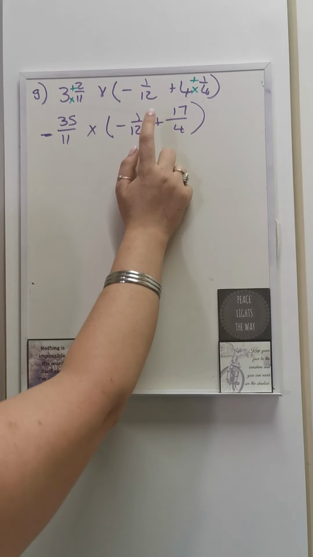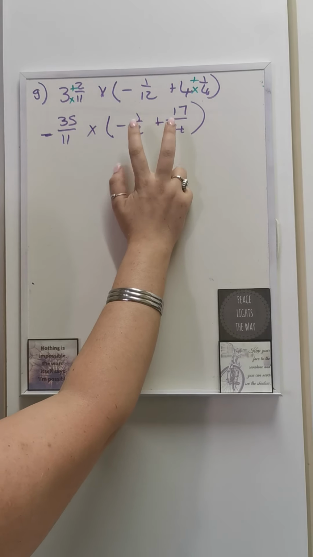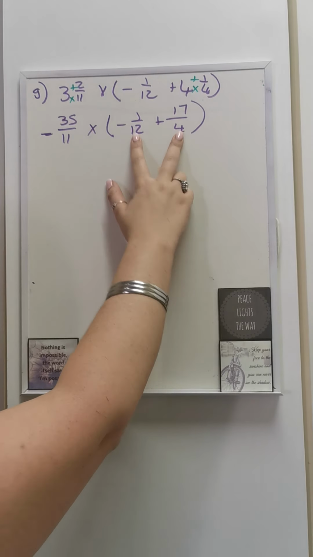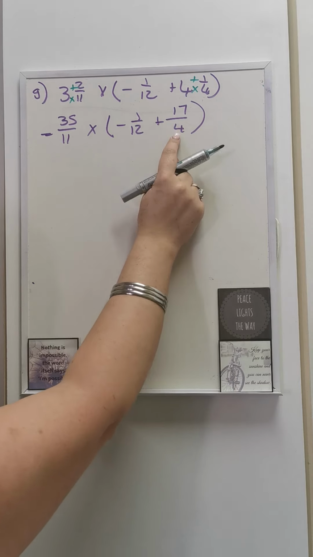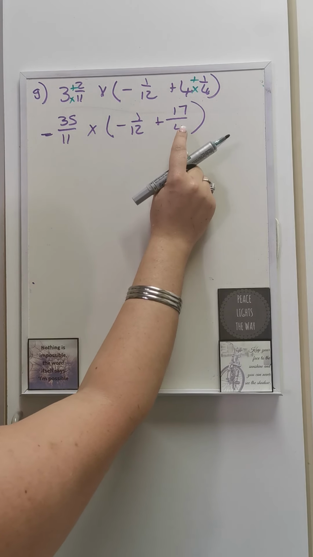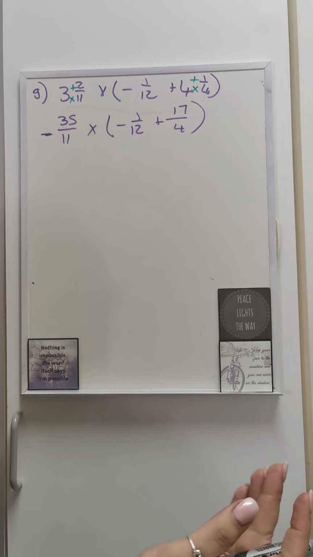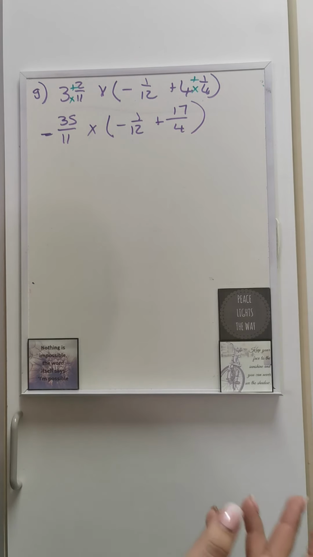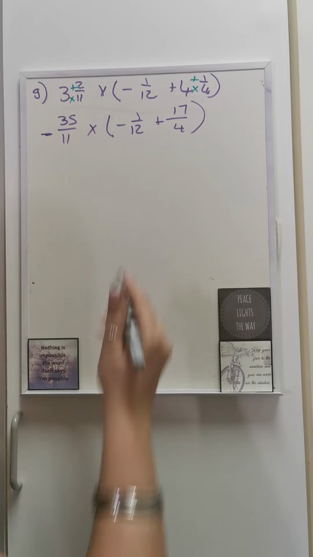And my brackets has a verb of plus, and the verb of plus means my denominators have to be the same. Do I need to times 12 with 4 and 4 with 12? No, because 4 can go to 12. You don't want two big numbers. 4 times what gives you 12? Times 3.